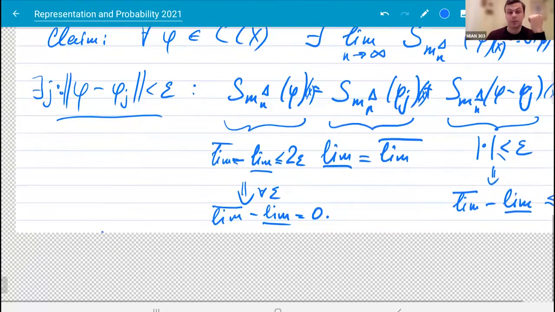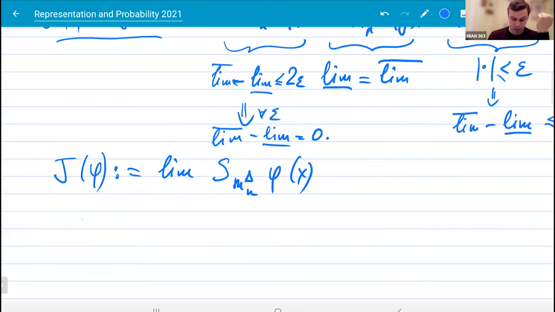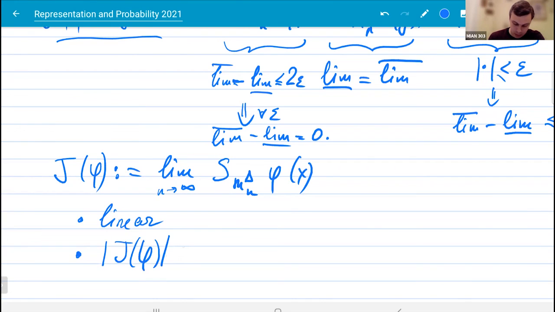Then this is linear. That's clear because if you take the sum, the ergodic averages are also linear, and when you go to the limit, it is also linear. Then the second, it is bounded in norm, so the absolute value of g of phi is not more than the norm of phi.